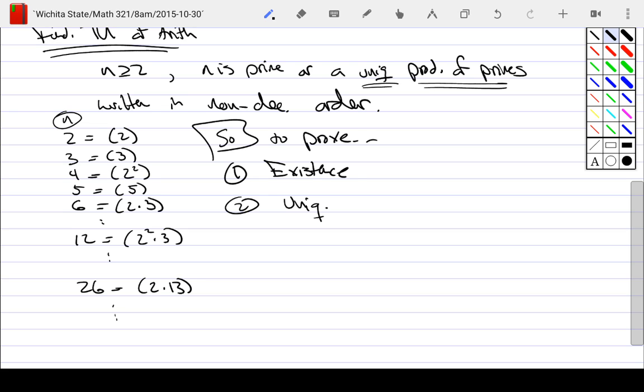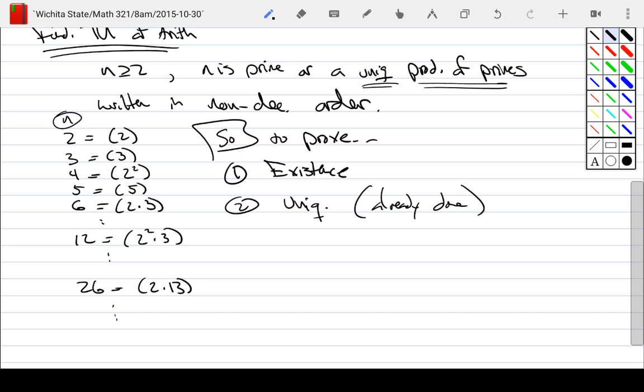We've already done that one because we did that one by contradiction. We assume that there's a product of primes and another product of primes both equal to a number. And then what we did is we crossed out those primes that they shared in common. So we have unique primes on the left and unique primes on the right. Notice we have primes that are not the same on both sides.